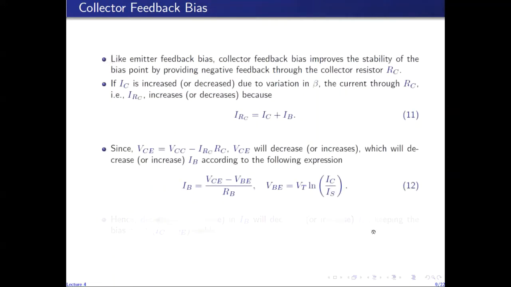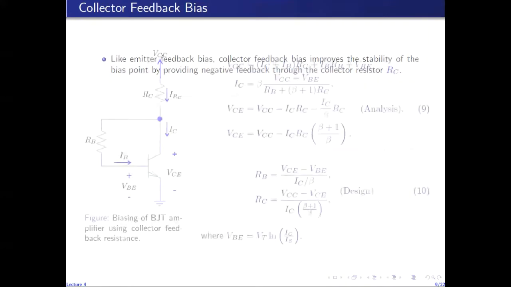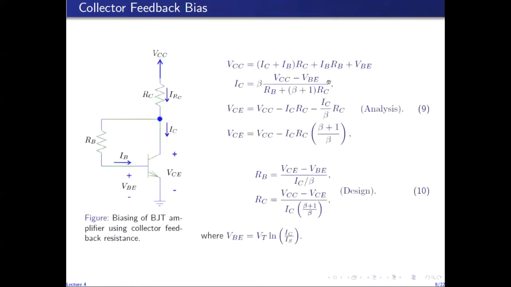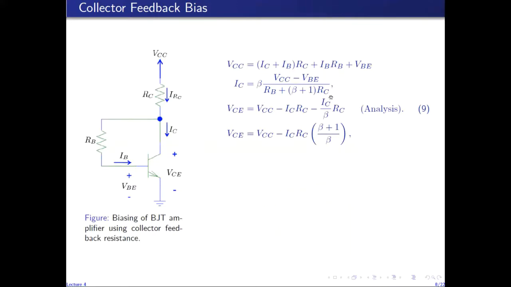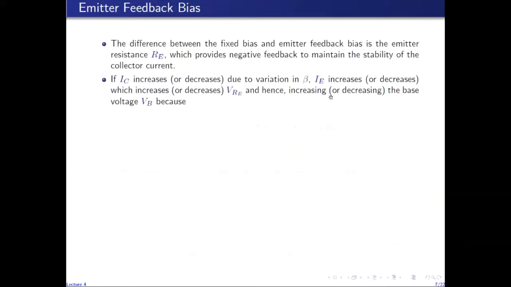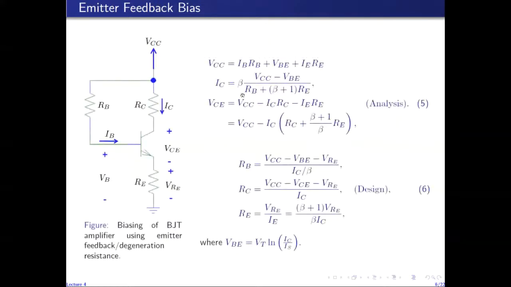So what I'm trying to say is that this denominator is better approximated by beta plus 1 RC than this denominator with beta plus 1 RE.